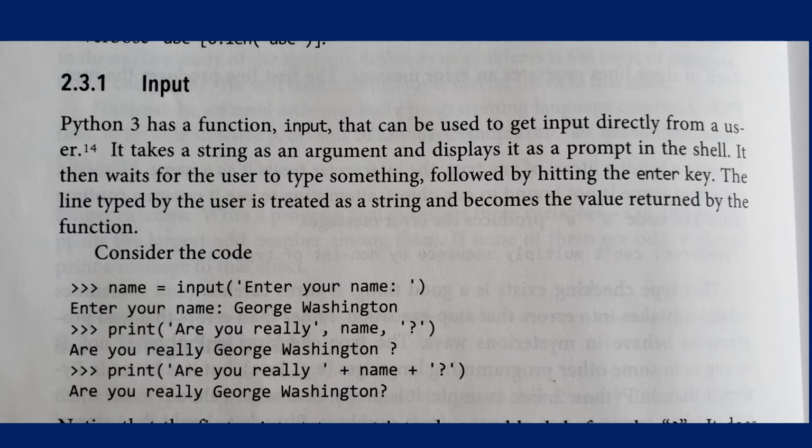So it's going to display, are you really George Washington? Because the person typed in George Washington, then that George Washington was assigned to the variable that has the name, and then the variable name is used for the output.